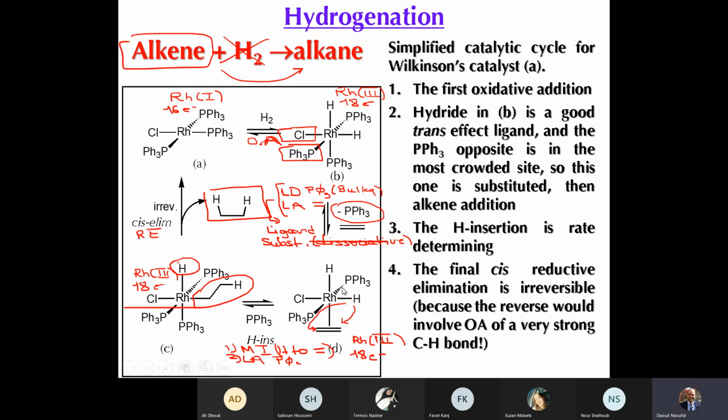We have alkene isomerization when the alkene we start with is non-symmetrical. So now, what is the key step in the alkene hydrogenation? The key step is the migratory insertion that forms the alkane fragment from the alkene reactant.